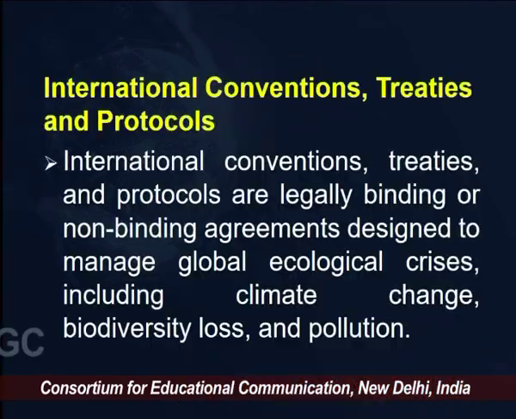So, we will discuss some of the conventions, treaties and protocols. International conventions, treaties and protocols are largely binding or non-binding agreements designed to manage global ecological crisis, including climate change, biodiversity loss and pollution. So, if we talk about climate change conventions, the major climate change conventions are as follows.